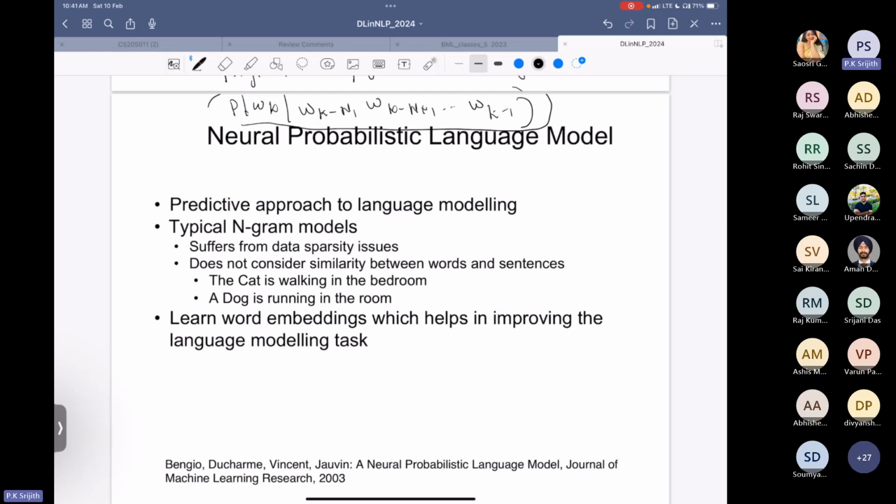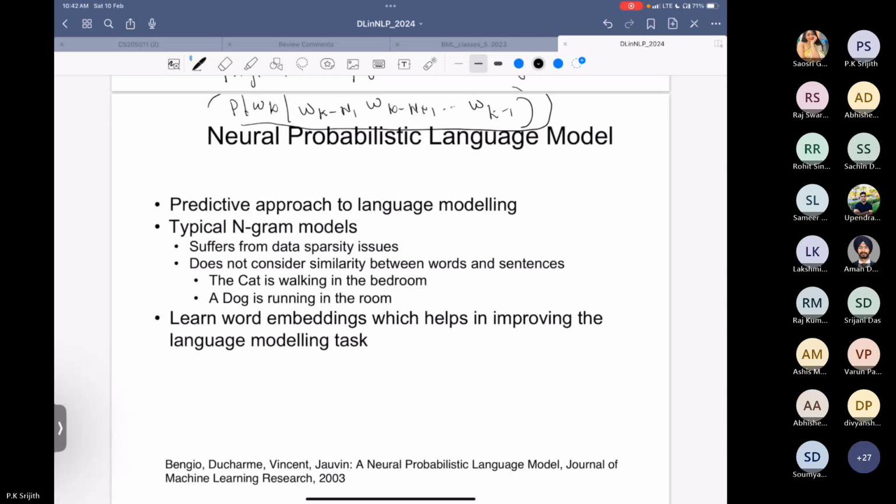See, there are two ways in which people do this. Given the surrounding context, what is the center word that you want to predict? Or given the word, how do you predict the context? These are the two ways people try to learn vector representations for words.